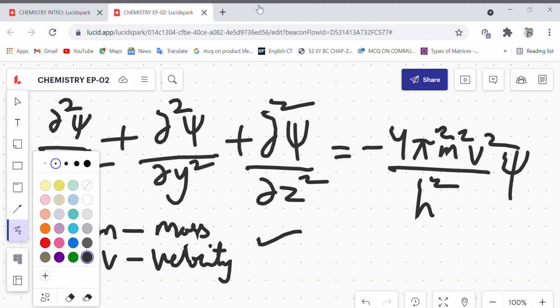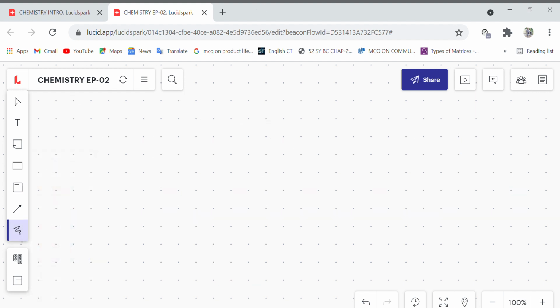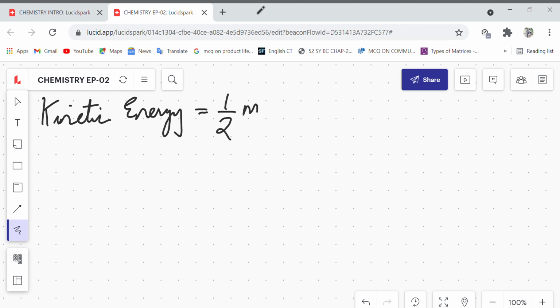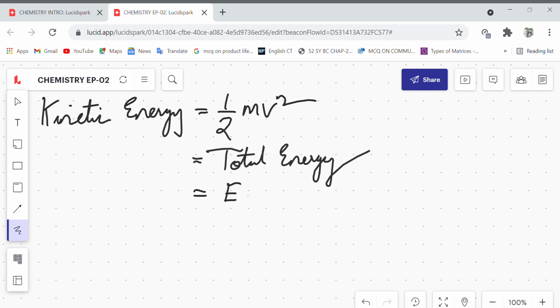Now we know that kinetic energy is equal to half mv square, and kinetic energy is also equal to total energy minus V, where V is potential energy.